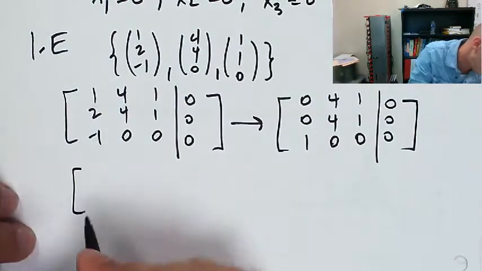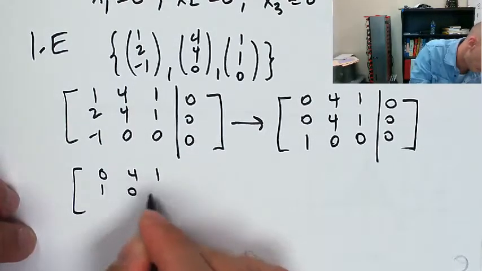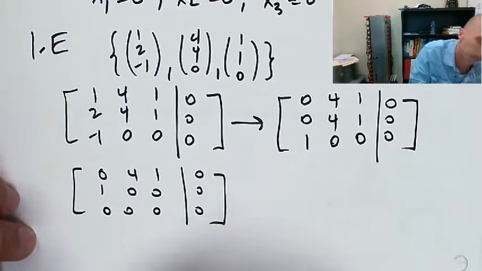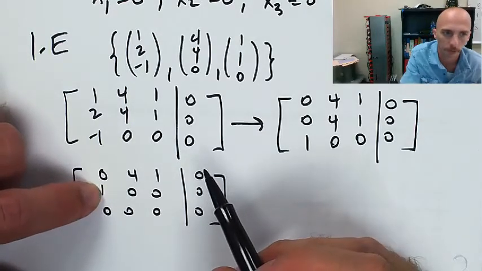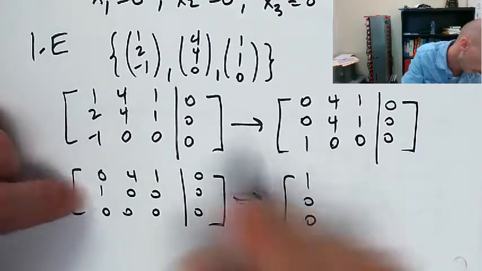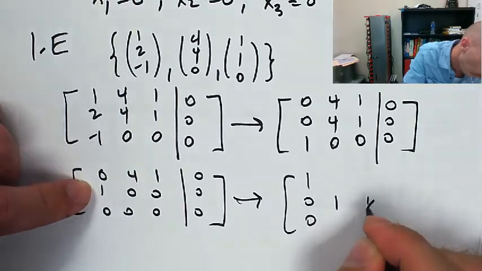Regardless, I will have one row that has a 0, 4, 1. I'll have this thing also, and then I'll have an all 0 row. Now, I'm trying to get this in fully reduced echelon form, so I'm going to row swap up here, and I'm going to have 1, 0, 0. I'm going to divide this by 4, 0, 1, 1/4.